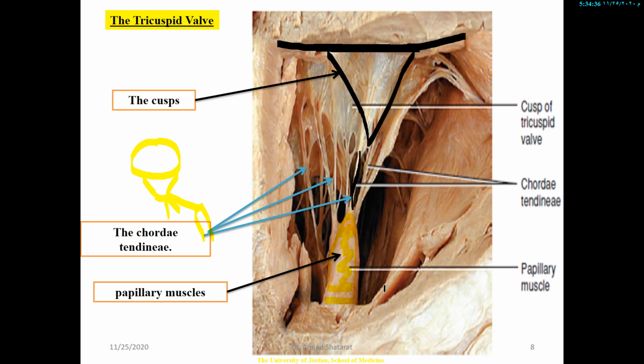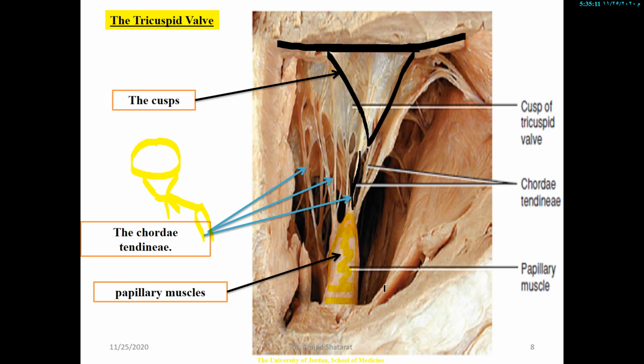So why are we talking about the components of any valve? We do need to know the components and the detailed structure of the valve, because each one of them can be affected in its own way. The annulus fibrosus by itself can be affected, can be damaged. The cusp by itself can be damaged, the chorda tendineae. So all these structures are associated with the valve.